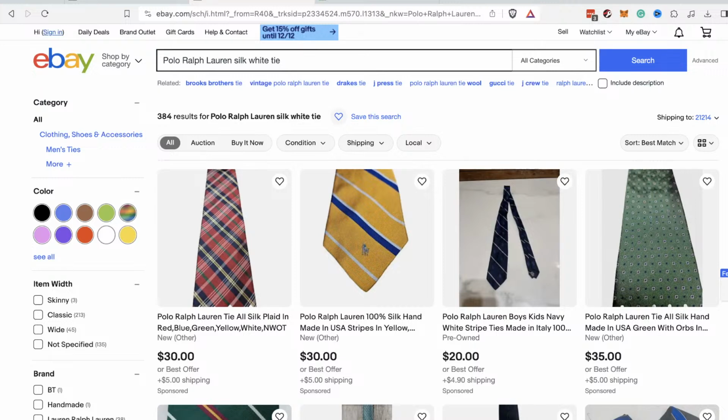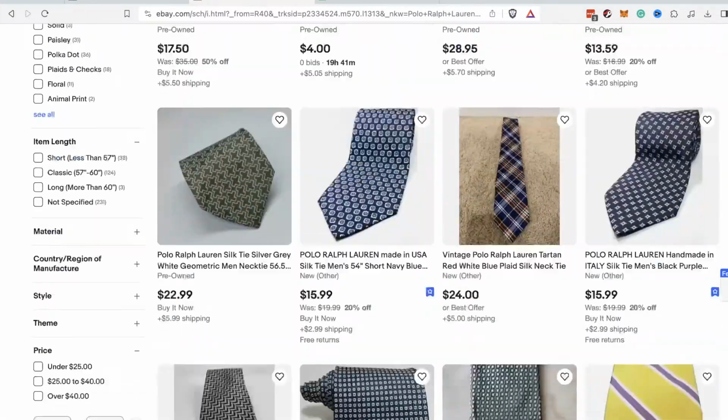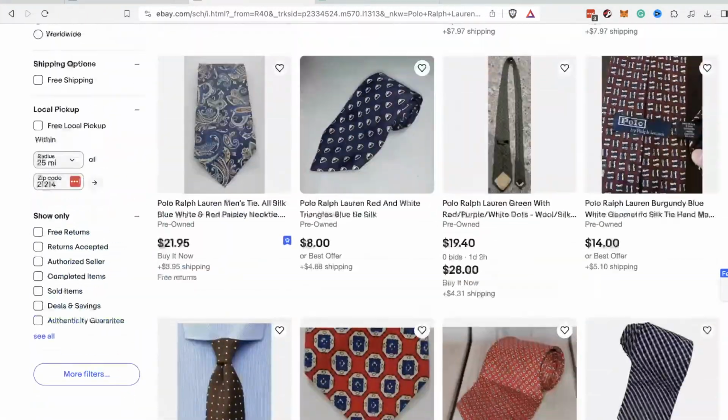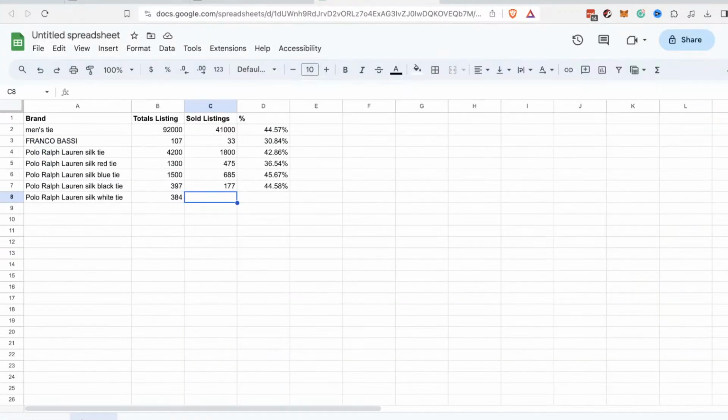So that's 384, slightly less than black. And let's look at what's sold. $141. Okay, so white ties, anything with white in it, it doesn't look like it sells as well.